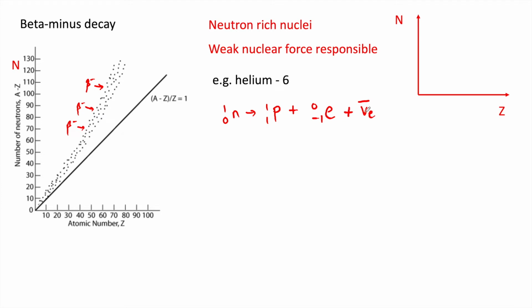Now you have that to balance up what's called the lepton number, which is no longer in A level. So you just got to accept that if you produce an electron on this side, you have an anti-lepton neutrino on this side to balance up that number.